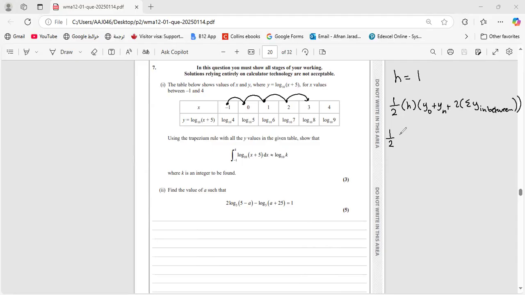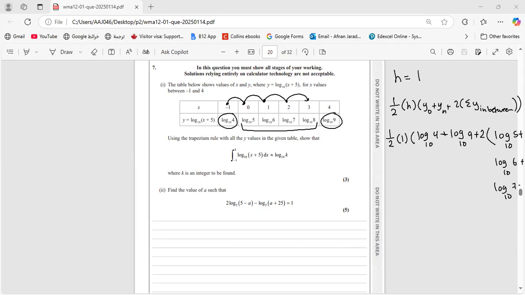So it's half multiplied by h, which is 1, times log 10(4), the first y, plus log 10(9), the last y, plus 2 multiplied by the sum of the in-between y's: log 10(5) plus log 10(6) plus log 10(7) plus log 10(8).